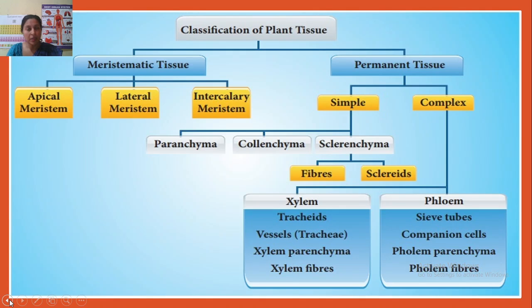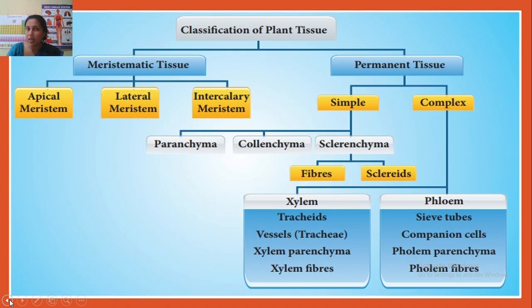If we look at the permanent tissue, we divide those into simple and complex tissue. The simple we divide again into parenchyma, collenchyma and sclerenchyma depending on their cell shape and how their cell walls are going to look like.